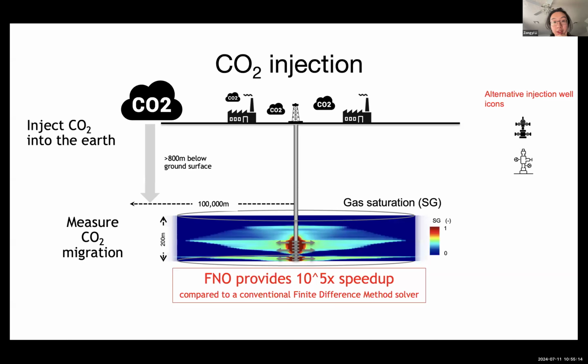Another example, in collaboration with a Stanford group led by Wenwen Gu, is carbon storage. So in many plants and factories, instead of releasing carbon dioxide into the atmosphere, we can store it under the ground.